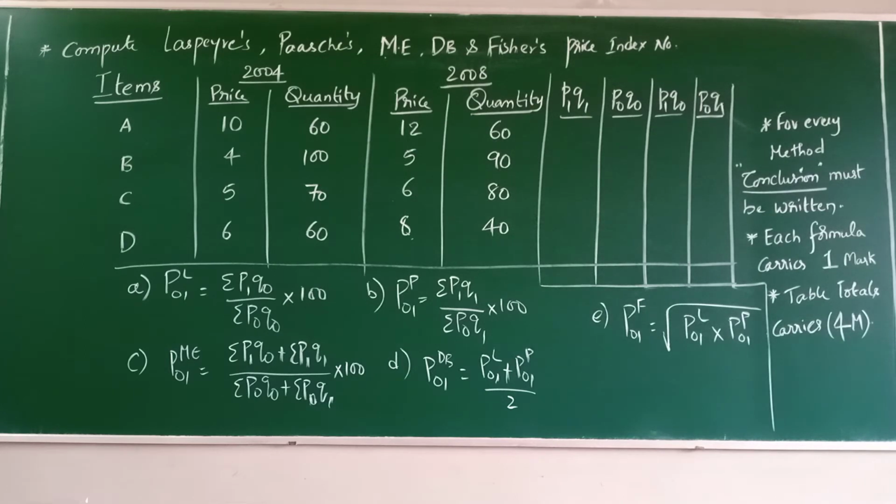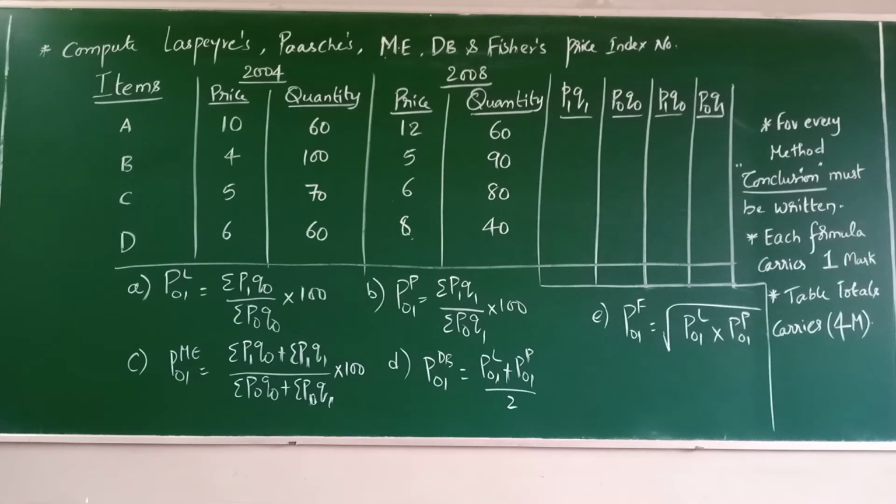Multiply those two: 12 into 60, 5 into 90, 6 into 80, 8 into 40. After multiplying you will get the total, summation P1 Q1. And then P0 Q0, where are those? Under 2004, price should be taken as P0 and quantity as Q0.